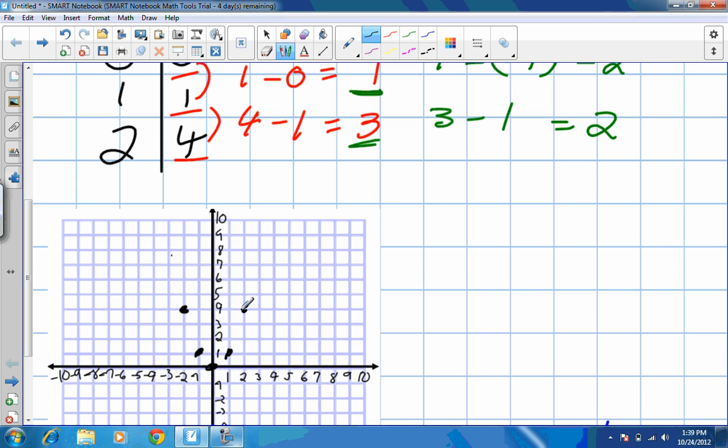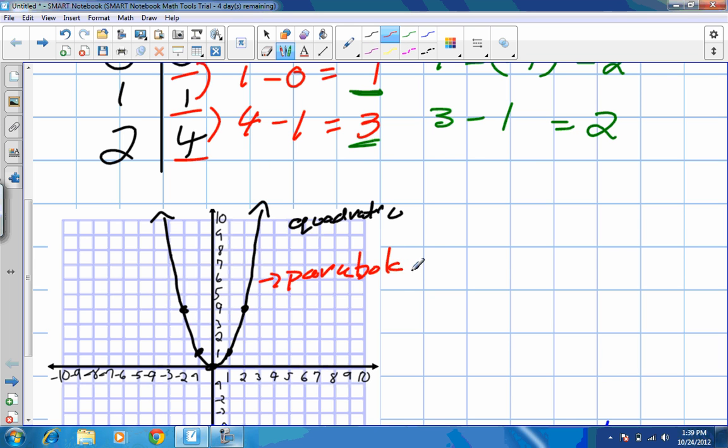Well, what that means is we have a relationship that forms this. This is a quadratic relationship. Okay? The shape of this on a graph is called a parabola. Okay, so this shape is called a parabola.